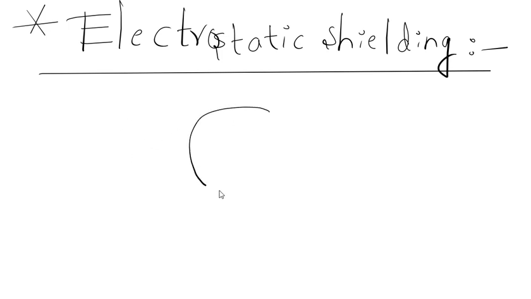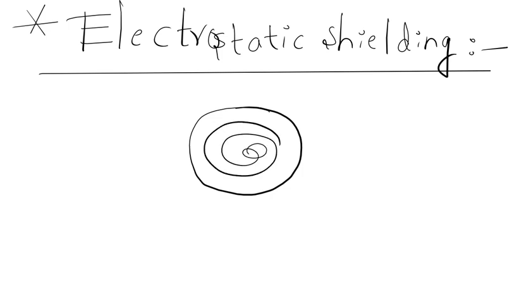If you consider an electric conductor, the electric field inside the cavity of the conductor is going to be zero. This is called electrostatic shielding. Suppose you consider a conductor with a cavity with no charges inside it.